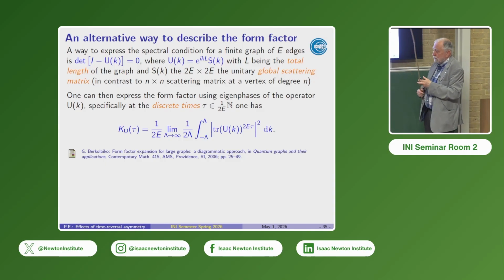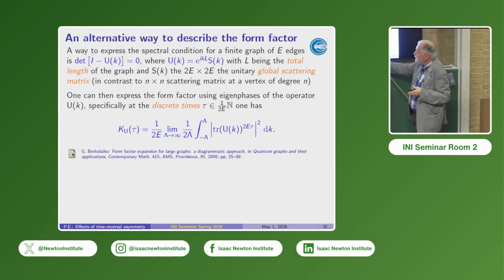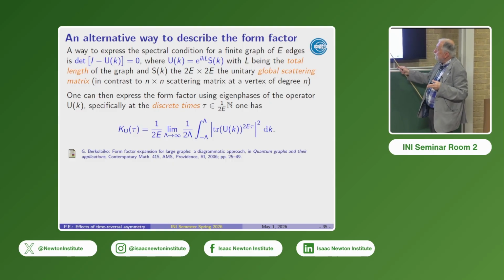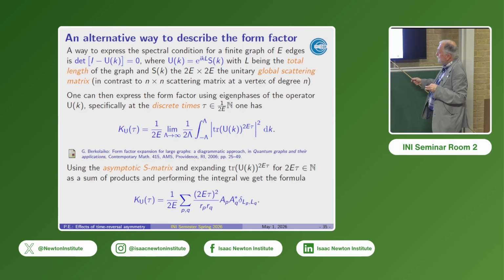Now you can compute the thing from the eigenvalues directly, or you can take the secular equation of that time and compute the eigenphases of this big matrix U. 2E is the number of edges, and if you look into the literature, you find that at discrete values of the parameter tau, the form factor looks like that, as Grisha Berkolaiko teaches us.